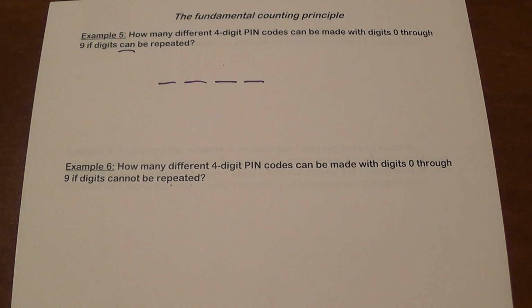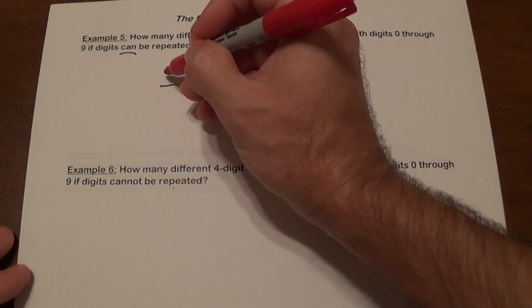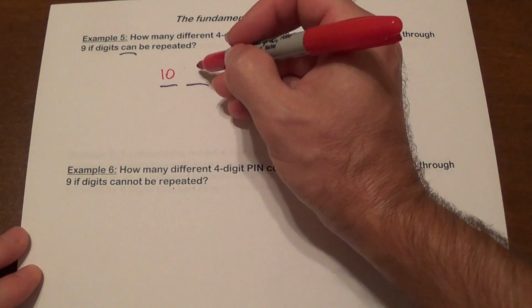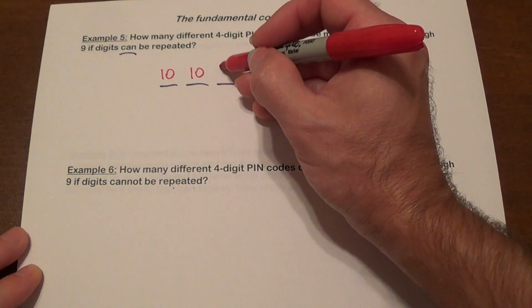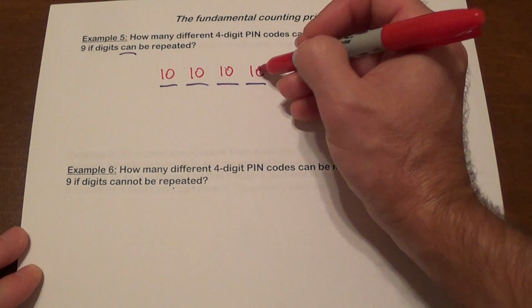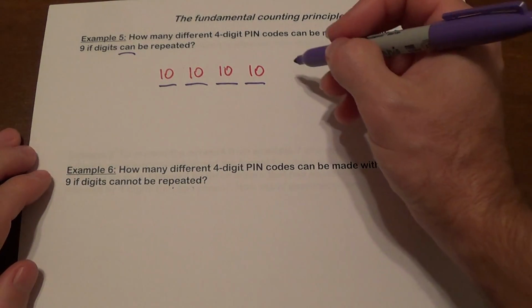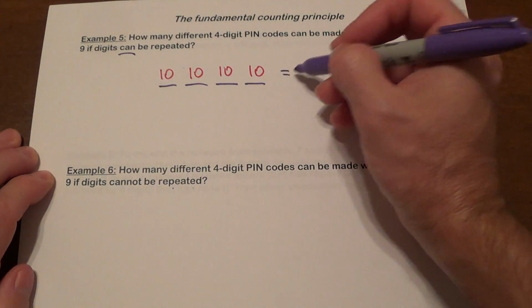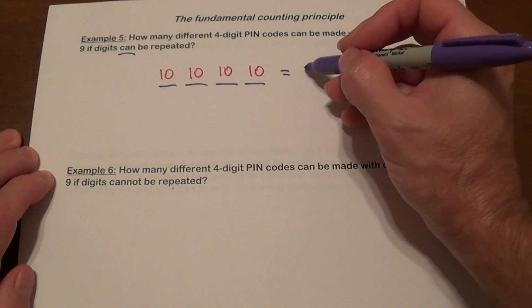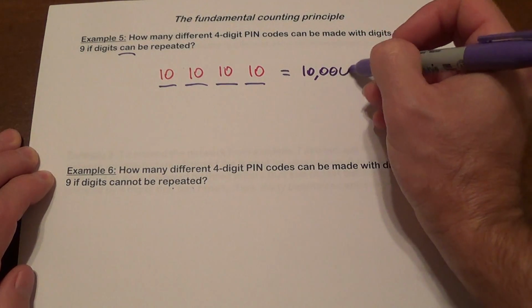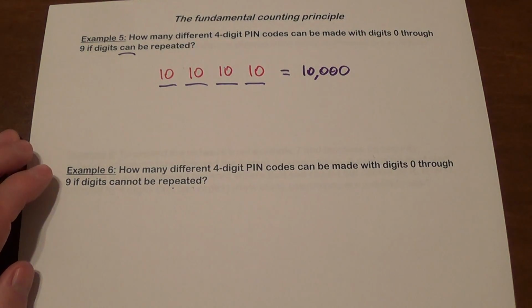I'm going to say how many digits can go in the first position. 10. Second position, also 10. Third position, also 10. Fourth position, also 10. Because we can actually repeat digits. You will see in the next example how it's going to be different when you cannot. So 10 times 10 times 10 times 10 is 10,000. Which means you can make 10,000 different PIN codes.